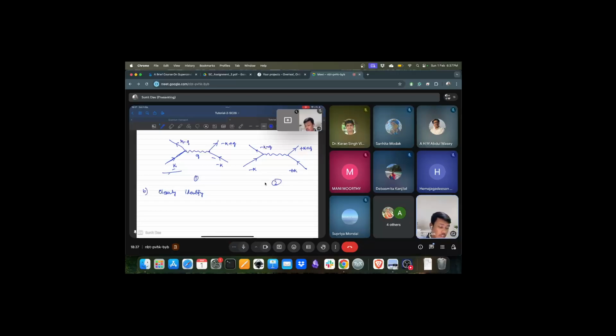And this is a very compact way of representing a lot of things. One is that the momentum is conserved in the process. So these are the initial stage, and this is the final stage, right?